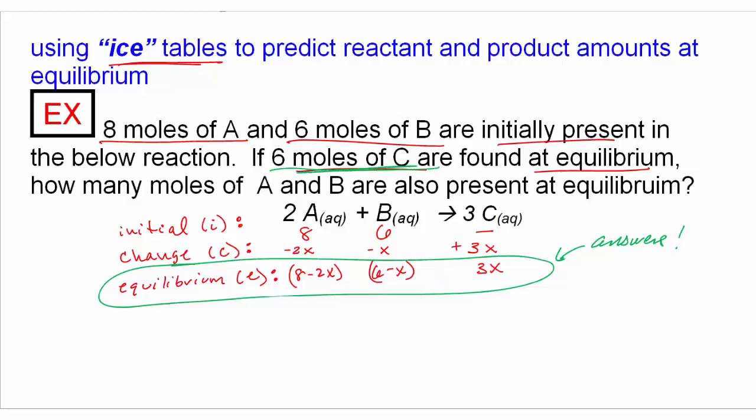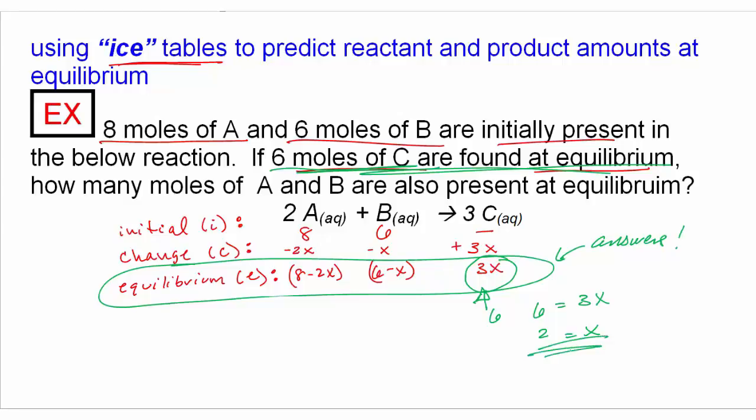They told us at equilibrium 6 moles of C. So that means this has to be 6. Right? So 6 equals 3x. What equals x? 2. Right?